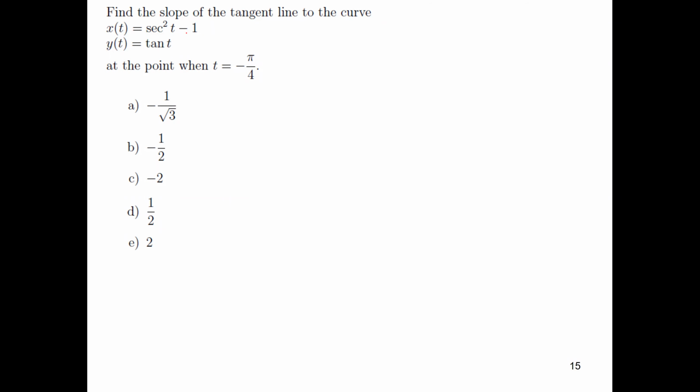But since we have parametric equations, it's dy/dx, or I can say the derivative of y over the derivative of x, because both of them depend on t. Since they have their own formulas, it's the derivative of y in terms of t over the derivative of x in terms of t, and we have a t value. It's nothing simple.